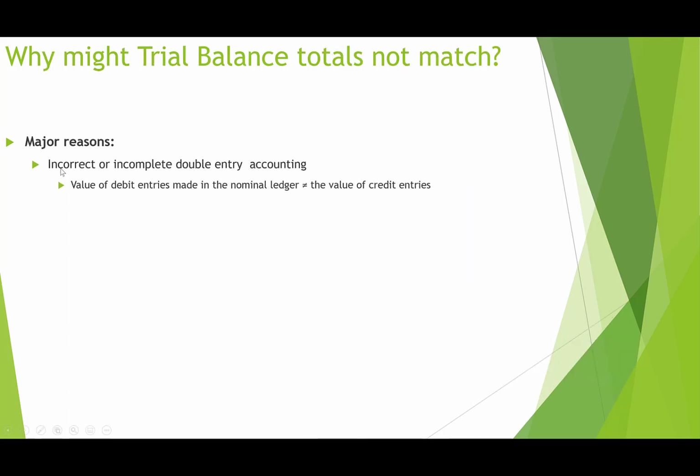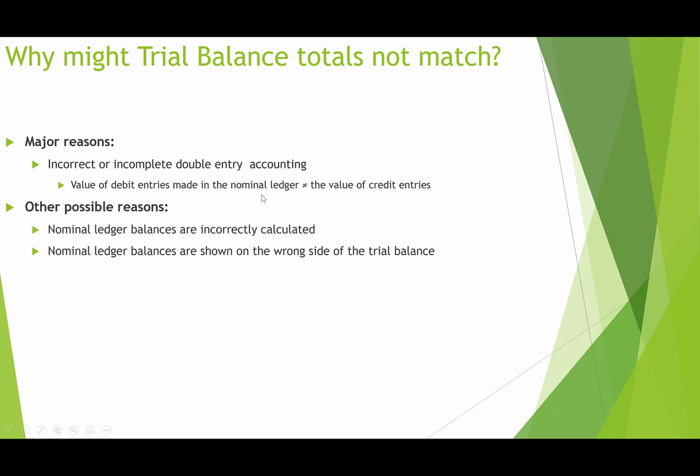So the big reasons why a trial balance may not balance are as illustrated here. First of all, you could have something wrong in your debits and credits. There could be totals incorrectly added up, or there could be values not posted. Maybe you did all the debits for the sales day book, but you forgot to do the credits, or maybe you incorrectly added up one of the columns in a day book and the total was incorrect.